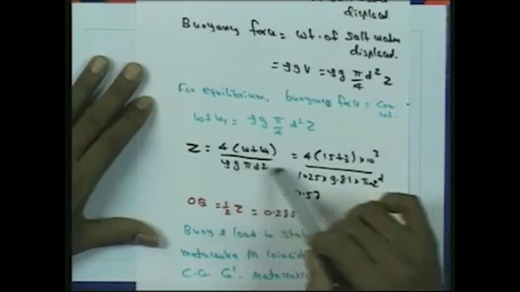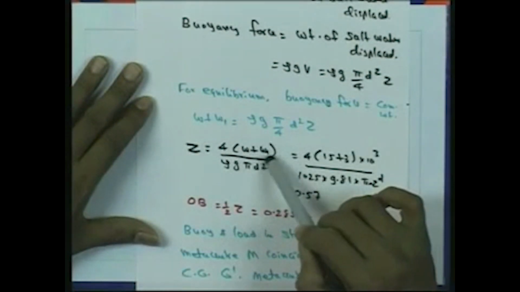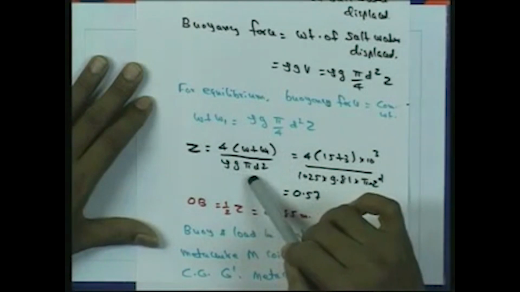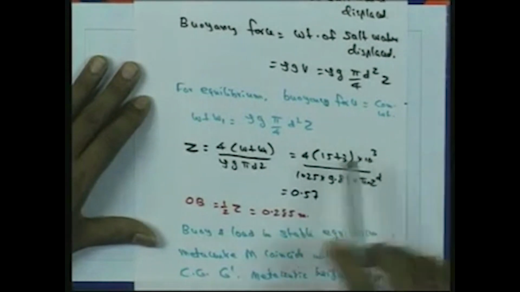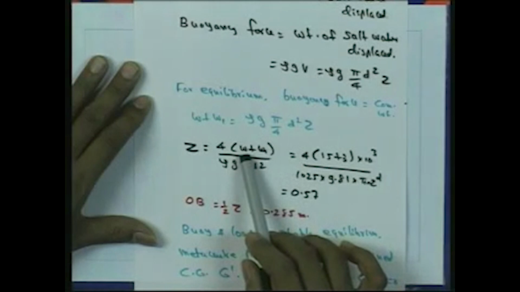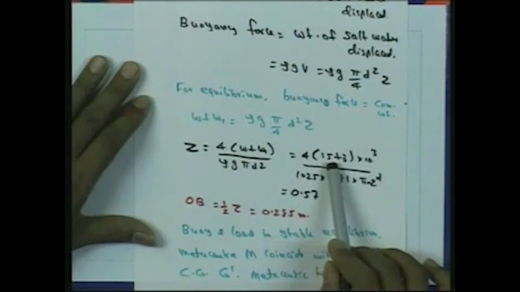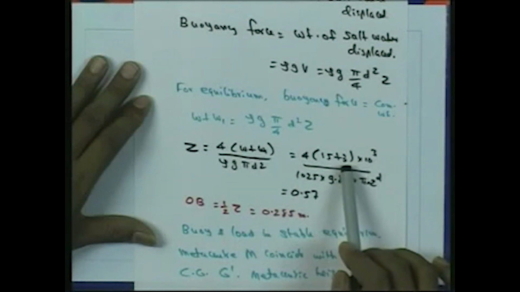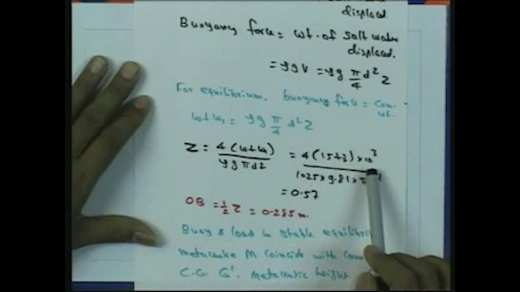So, Z is equal to 4 times W plus W1 divided by rho into g into pi d square. Once we substitute all the values, capital W, the weight of the buoy, is 15 and small w1, the added load, is 3. So, 4 into 15 plus 3 in kilonewton.